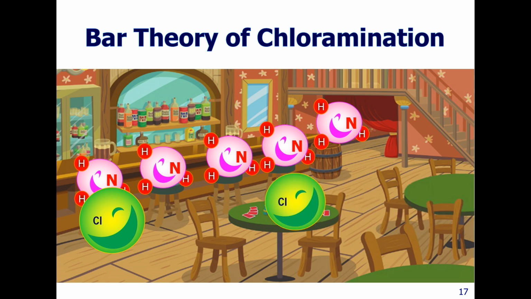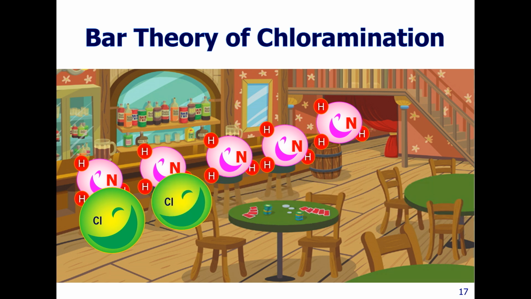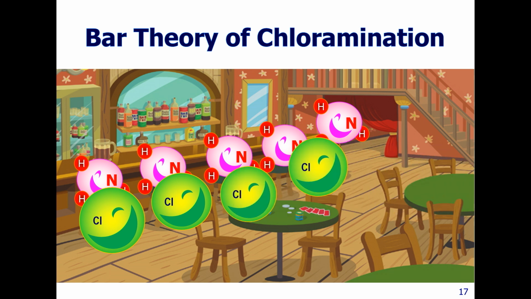Well, about 9:30, another chlorine walks in, finds an ammonia to chit-chat with, and they're getting along like wildfire, and you know, the evening progresses, and by about 11:30, all of those ammonias have met a nice chlorine, and they're all formed monochloramine, and everybody's happy, and the music is playing.